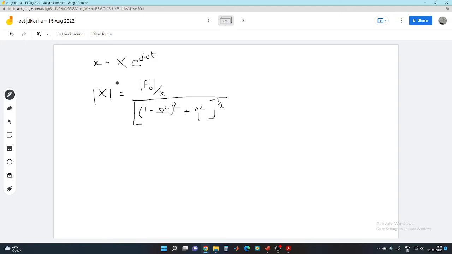So until this point, it is discussed in class. So we'll continue the analysis from here onwards.